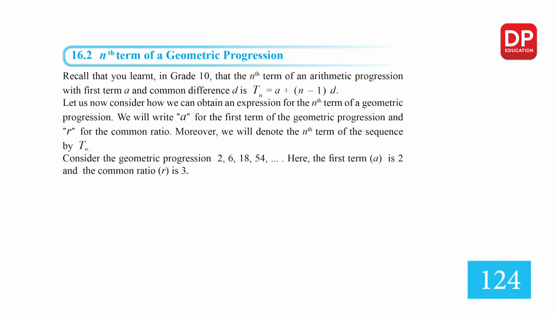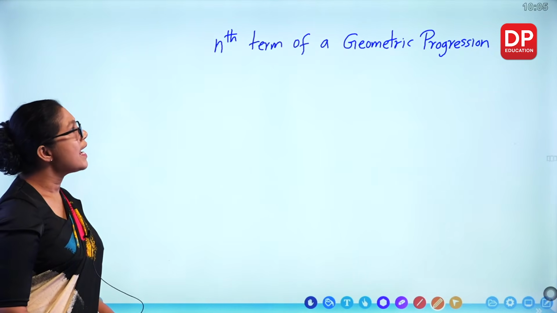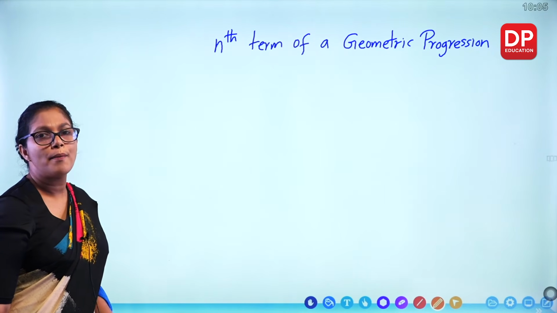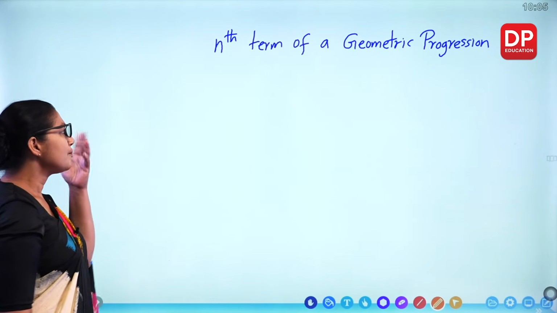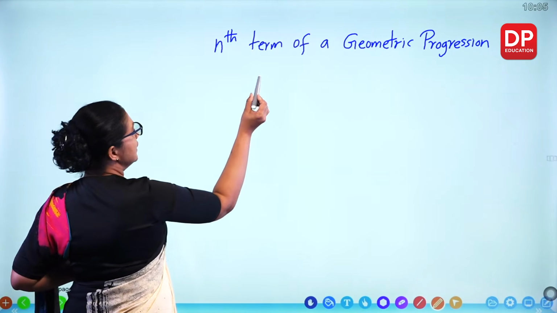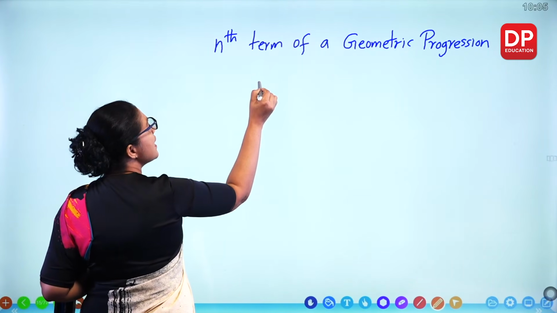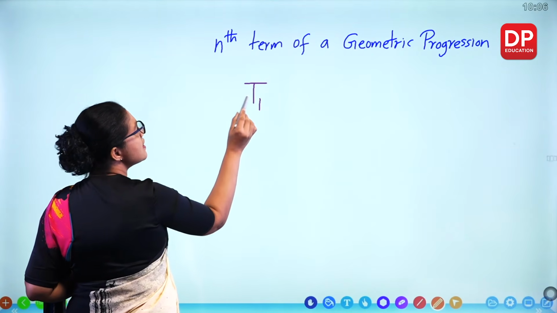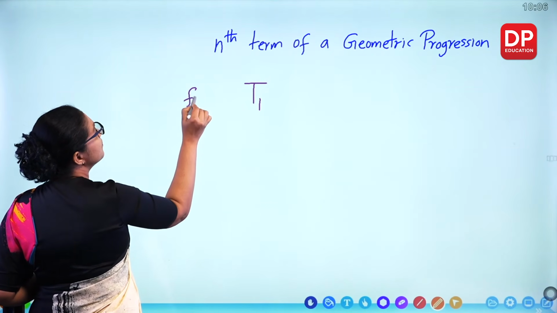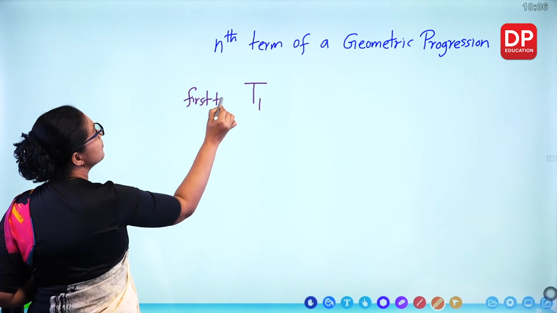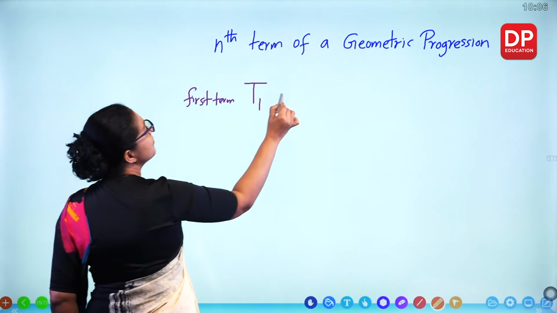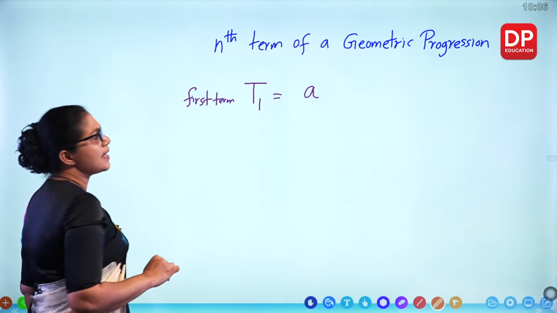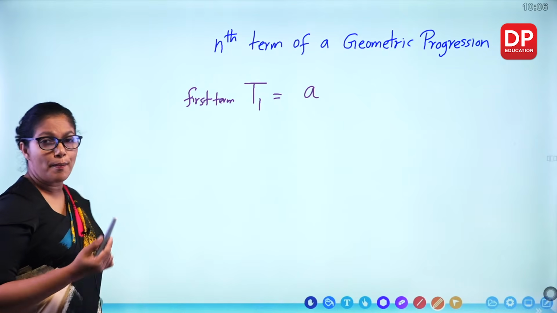Now we'll look at how we can find the nth term of a geometric progression. We'll take the first term as a, and denote it by T1. T1 is the first term. I'll take A, and this is a geometric progression.